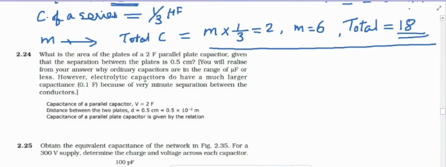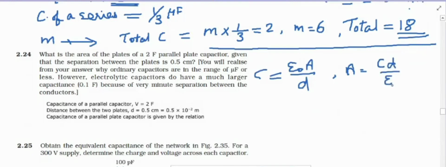So we can have C is equal to epsilon naught A by D, and you are asked to calculate the area. So cross multiply this equation, and you will get the area of the capacitor, A is equal to CD divided by epsilon naught.